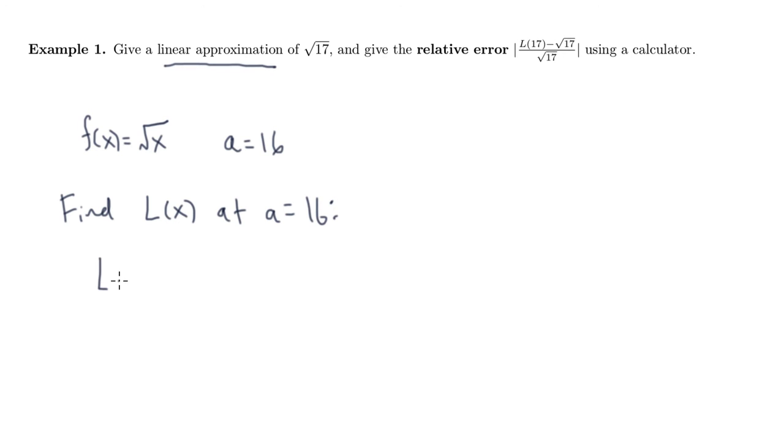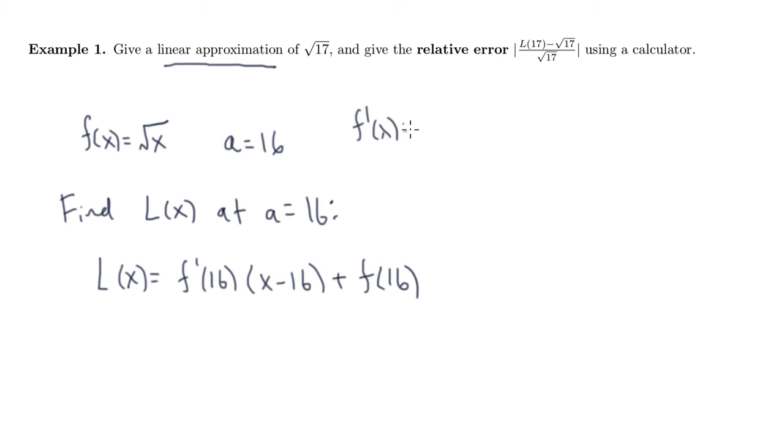So what is that going to be? Well, it's f prime of 16 times x minus 16 plus f of 16. Okay, so what is f prime of x? Well, that's just the derivative of square root of x, which is 1 over 2 times the square root of x.